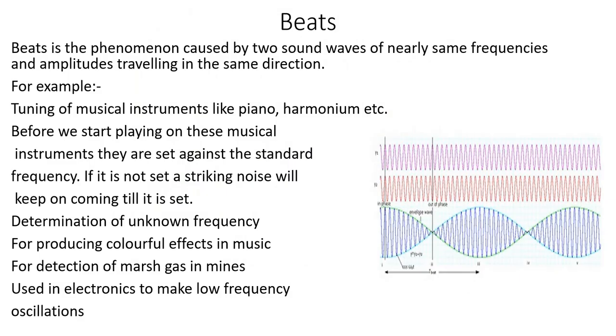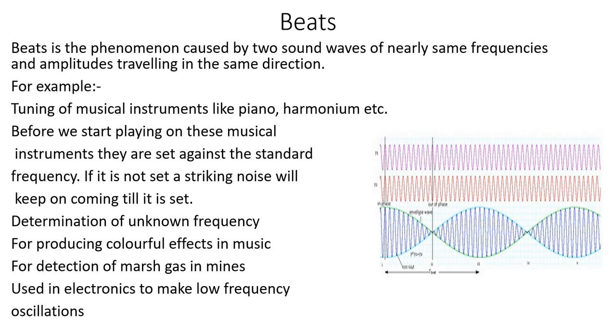And now we will discuss beats. Beats are a phenomenon caused by two sound waves of nearly the same frequencies. If two sound waves have almost the same frequency, not exactly the same, only a slight variation, and they travel in the same direction, then when they superimpose they will produce beats. Here in the graph pattern you can see a slight variation in frequency.